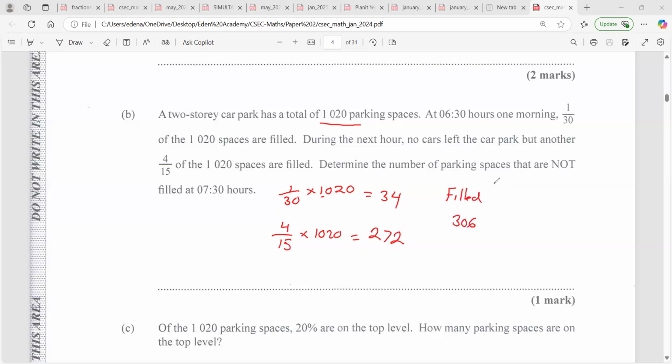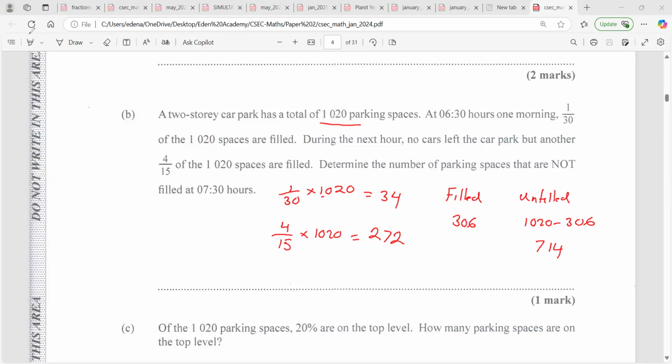So those that are not filled is simply a matter of taking away from the total those that are filled. So 1,020 take away 306. My answer for that is 714. Not too hard, I don't think.